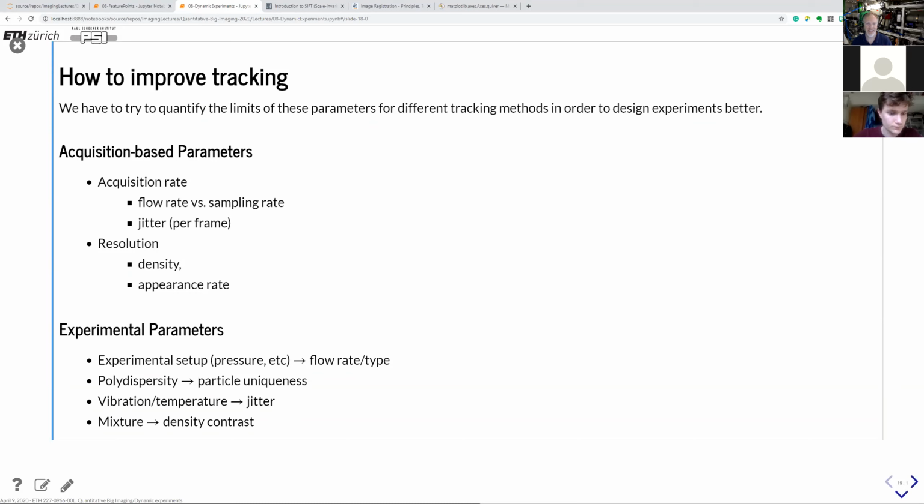So it's not easy to change the experimental parameters. But usually it's a balance between what the acquisition can do and, on the other hand, how you can modify the experiment. And that's something usually done during the experiment, that you try to tweak and tune even at the beamline. So you have some different sets of samples, and then you try them in an initial test. So there are a lot of ways you can improve tracking by experiment design.